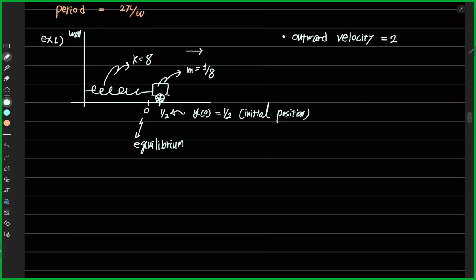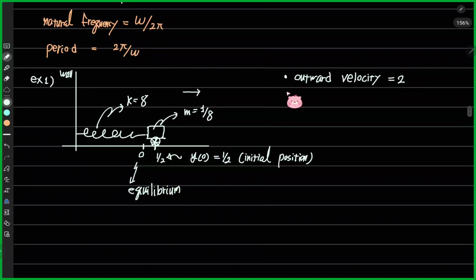Okay, and then we neglect the damping and the external force. Then the question is this. Find the equation of motion, amplitude, angular frequency, natural frequency, and period.